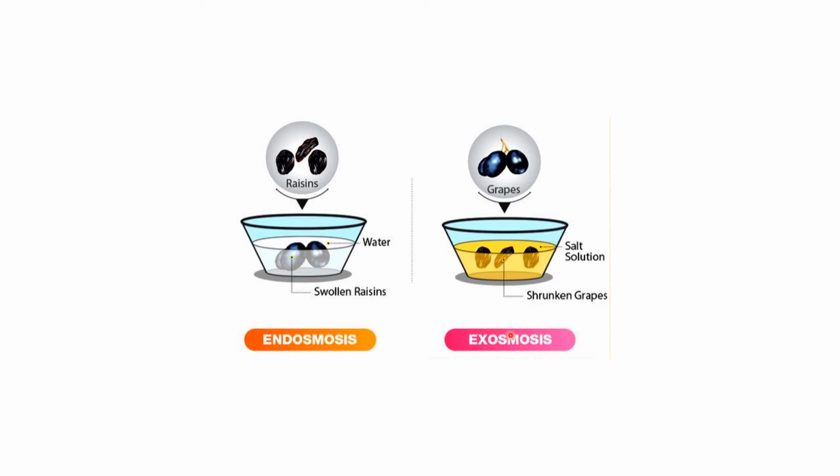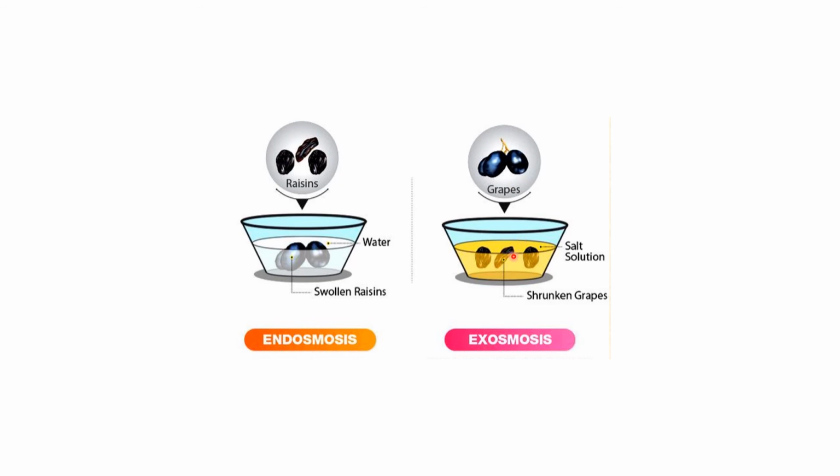And in case of exosmosis, suppose you are taking the raisins which were swollen here, and you are just dipping these raisins in the salt solution. Or you can take grapes also, and you can dip these grapes into the salt solution. Then what will you see?